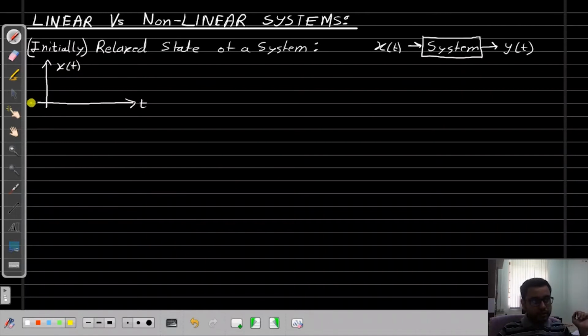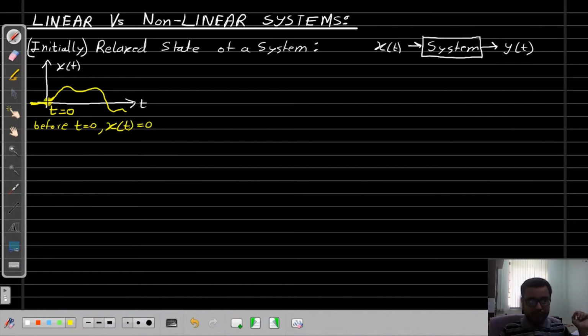Suppose the input is started at some point of time here, and before that the input was 0. Without loss of generality, call this time t equal to 0. So before t equal to 0, x(t) was 0.